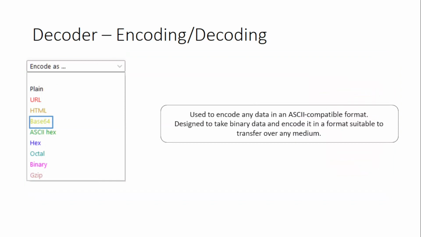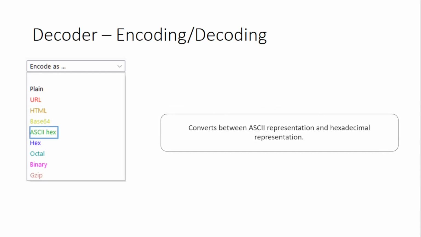Then there's the base64. This is also a widely used encoding method that encodes any data in an ASCII compatible format, and it is designed to take binary data and encode it in a format suitable to transfer over any medium. Then there's the ASCII hex. This option converts data between ASCII representation and hexadecimal representation.